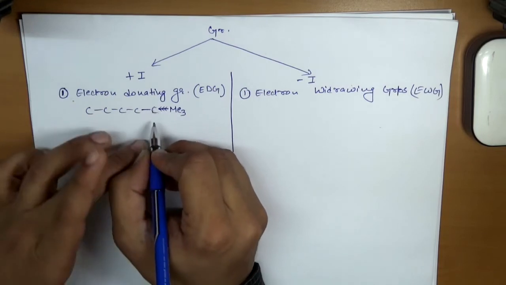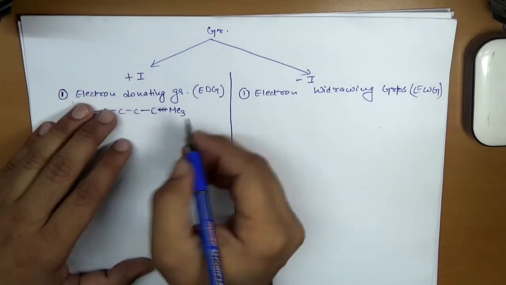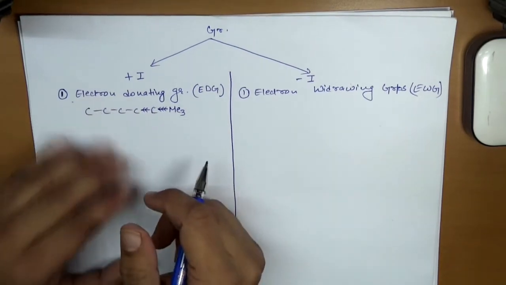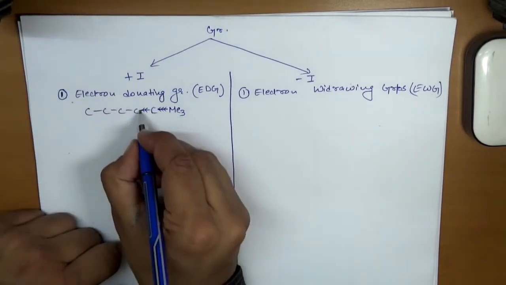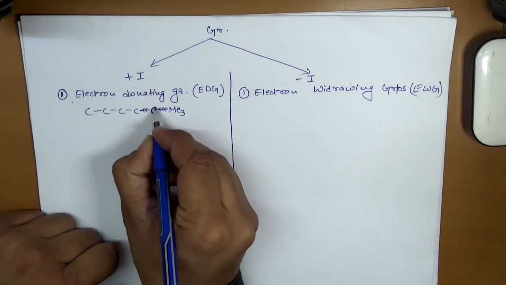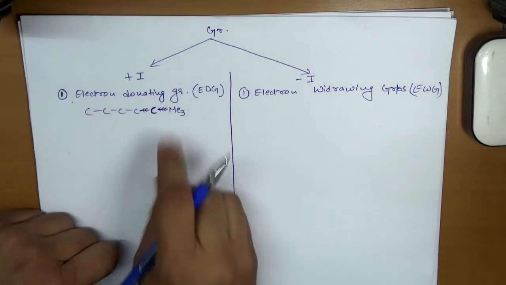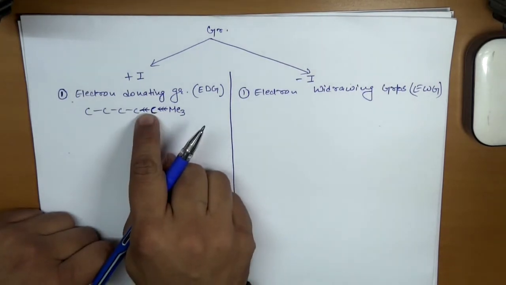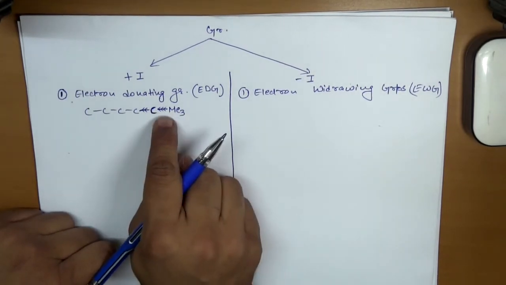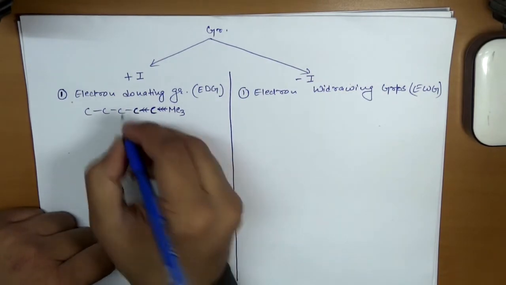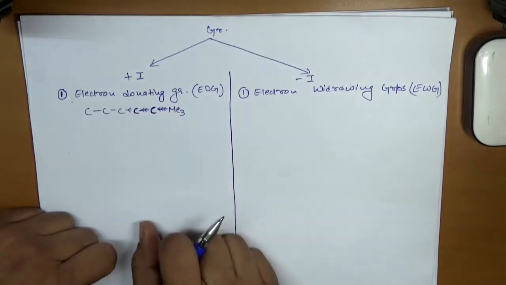When his or her hunger is over, the rest of the food is given to the next one. And of course this child has consumed some amount of food, so the passed-on food will be less than what was given by the mom. After the hunger of this carbon is satisfied, the rest of the food will be passed on to this one.